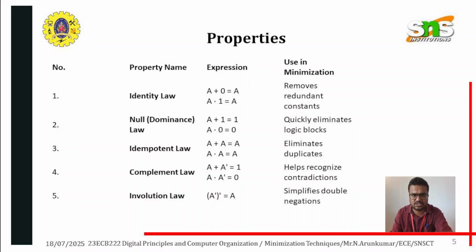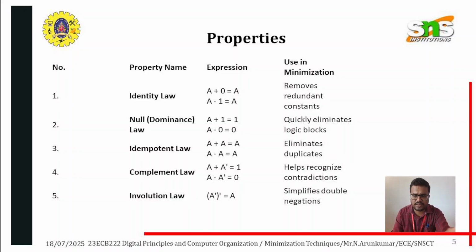Identity law: A plus 0 equals A, and A dot 1 equals A, and null law: A plus 1 equals 1. Idempotent law: A plus A, the same value is given as the output. And complement law: A plus A dash equals 1, A dot A dash equals 0.